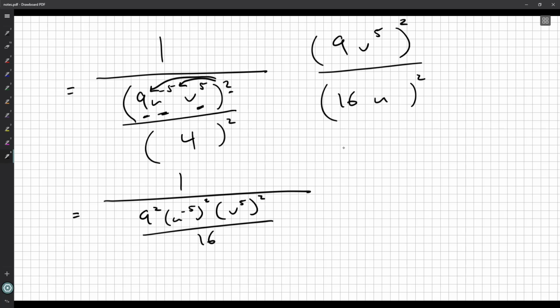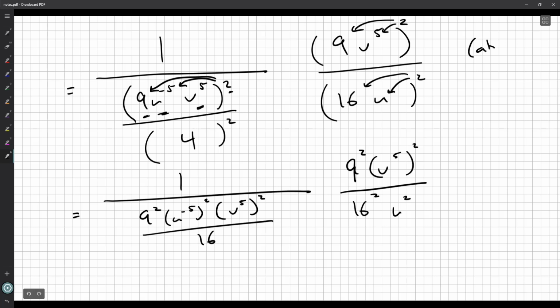We'll see. Similarly, the 2 here can distribute over the product. 16 to the power 2, u to the power 2. That's the rule: a times b to the x is just a to the x, b to the x. We apply these when we think of them.